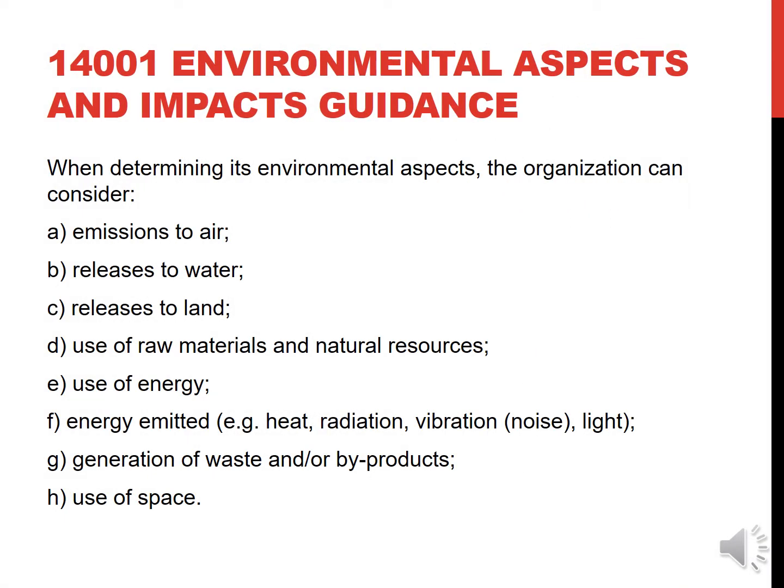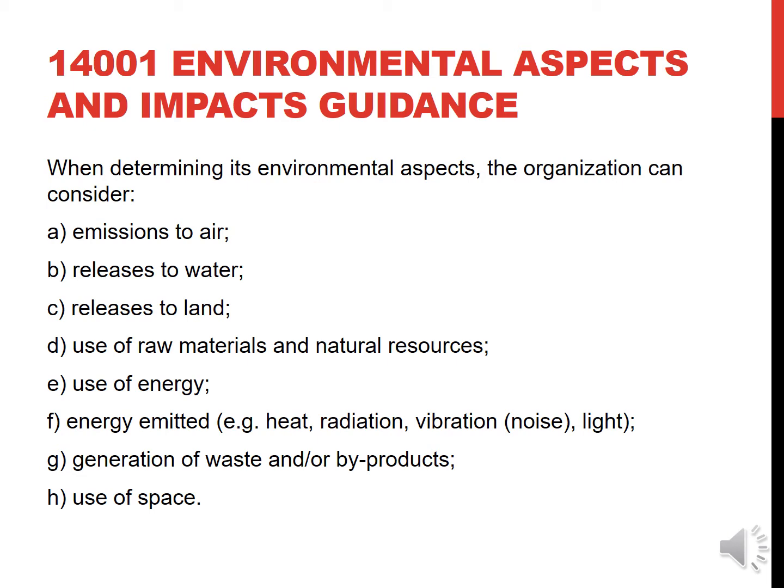When you look at aspects, consider these as a pretty decent list of the aspects of a particular product or a process. You can look at emissions to air, releases to water, releases to land, use of raw materials and natural resources, use of energy, emitted heat, radiation, vibration, noise, and light, generation of waste or byproducts, and then use of space.